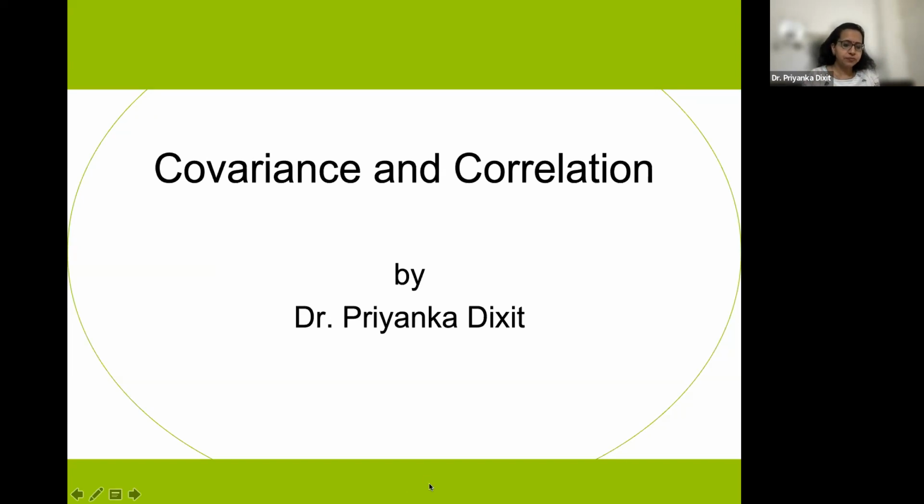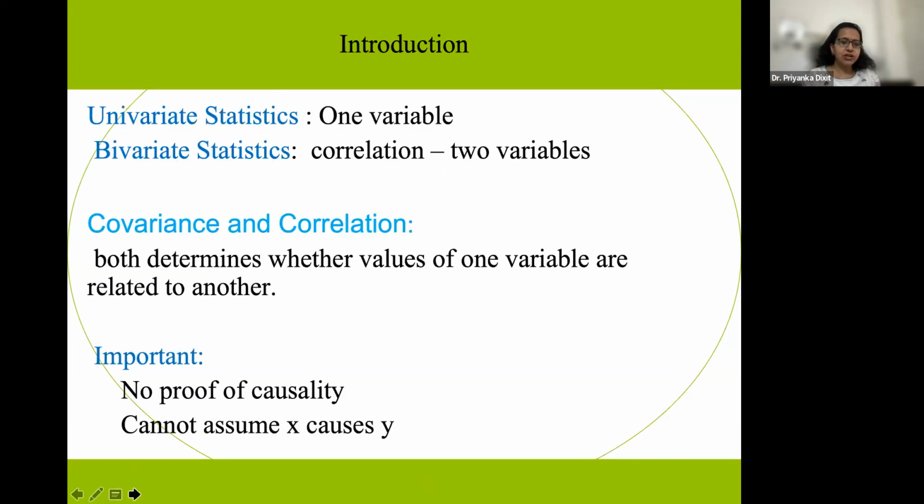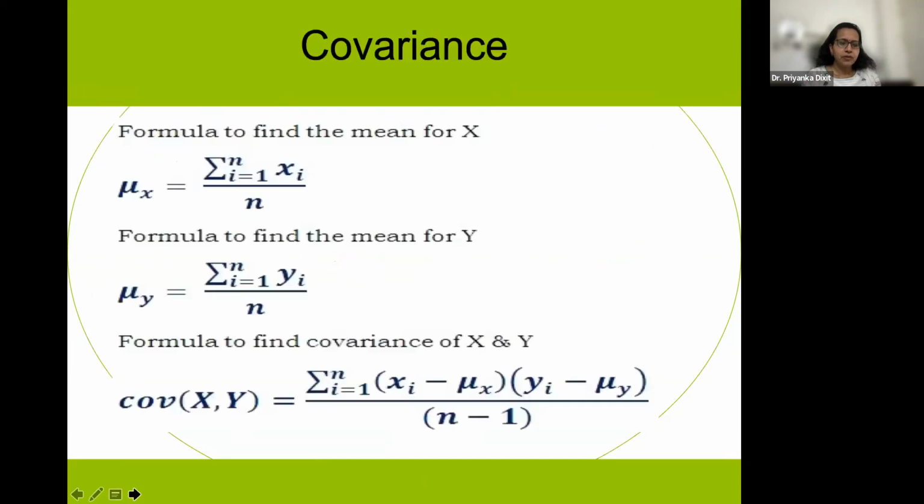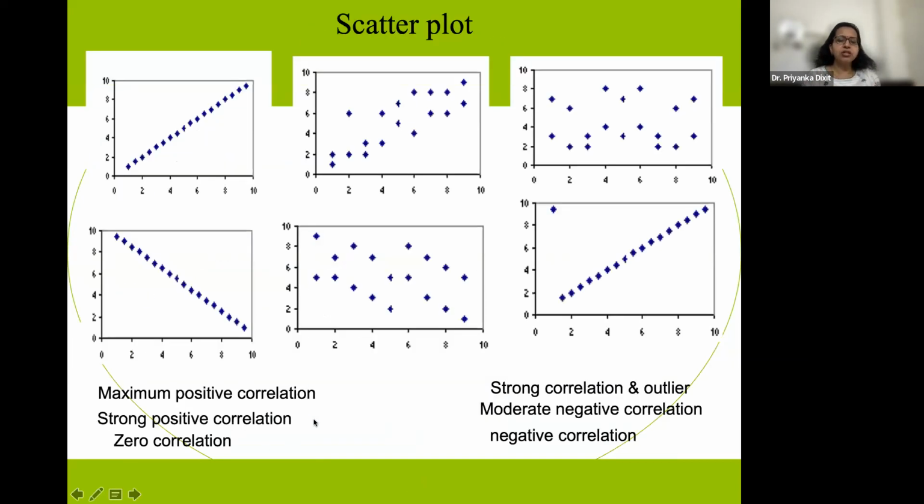So what is correlation? Correlation measures whether two continuous variables are linearly related or not. It's a very, very important line.